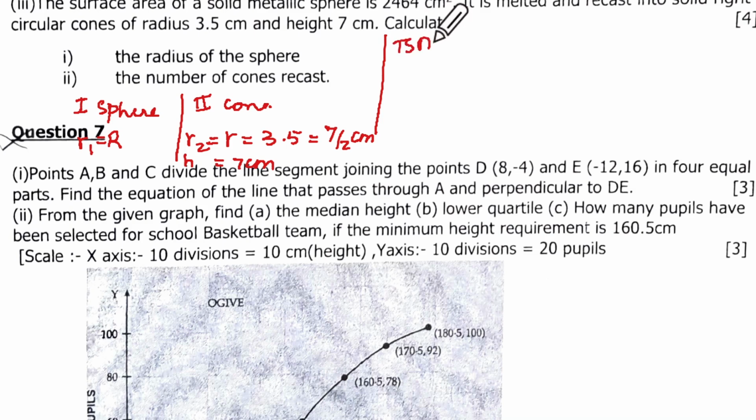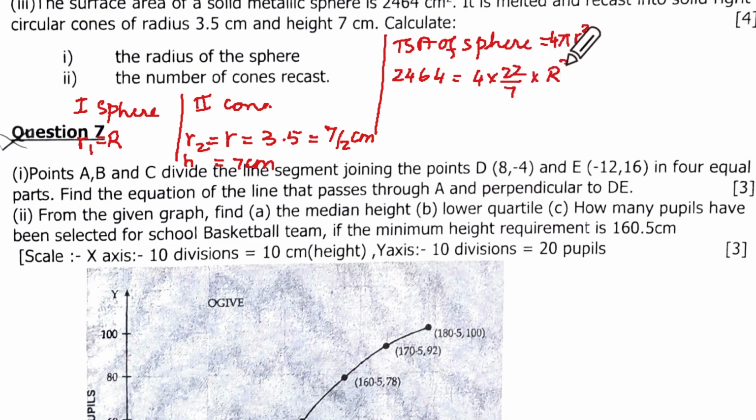What are you going to start with? TSA of sphere. What is the formula? TSA of the sphere is 4 pi r square. Therefore, 2464 is equal to 4 into pi r square, correct? So r square will be equal to, all these numbers will go that side.